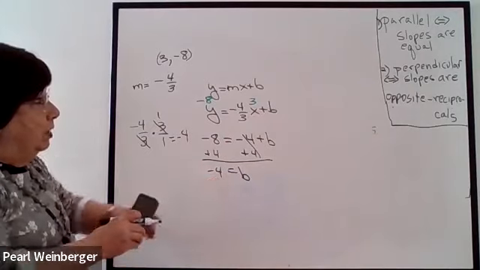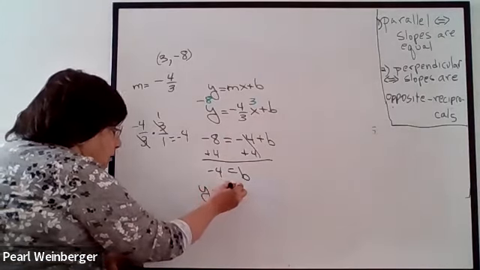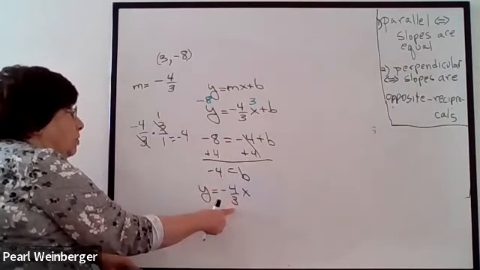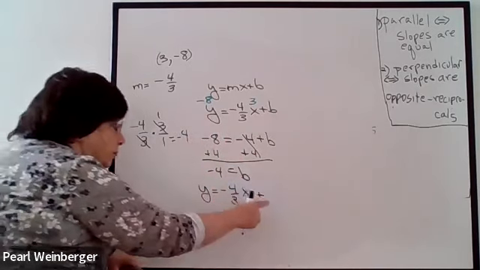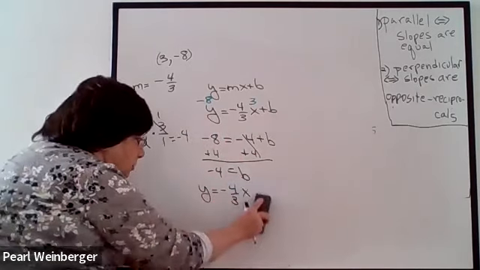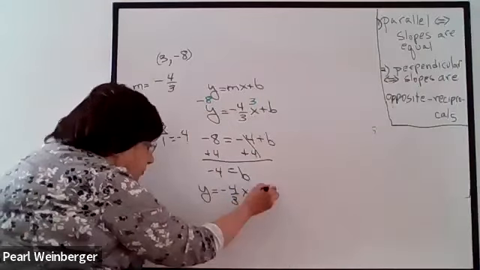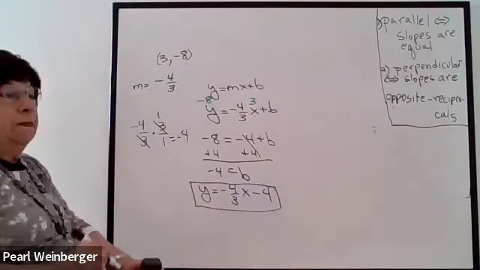So now I can write my whole equation. Y equals -4/3 x, because that's the m, is -4/3, plus b, which is -4. Here's what your equation should look like.